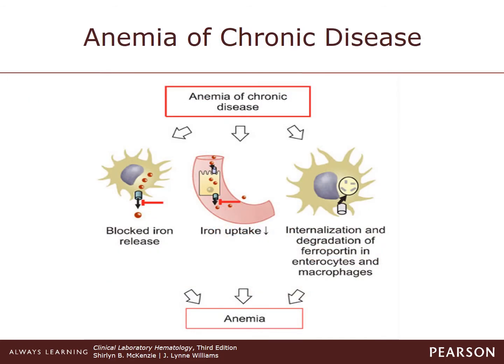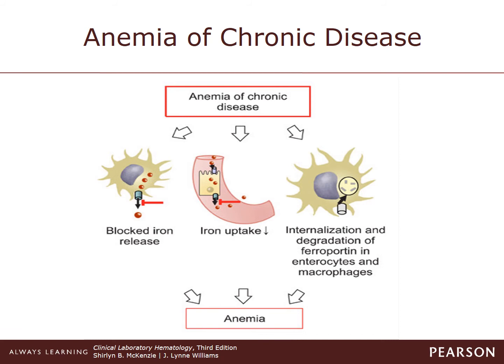This condition is anemia of chronic disease. This is also characterized by low serum iron, but the difference between this and iron deficiency anemia is that it has normal or increased iron stores. It does not relate to a nutritional deficiency, and most of the anemia that's other than iron deficiency accounts for 1/3 of hospitalized anemic patients.